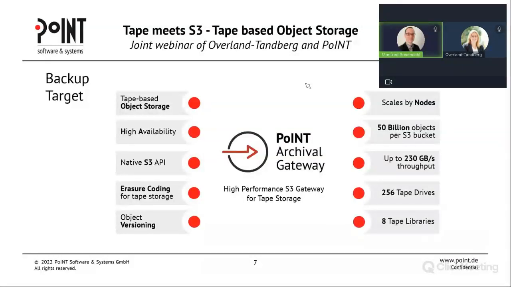So similar to what the hyperscalers like AWS do, the PoINT Archival Gateway allows you to offer different S3 storage classes. Because the Archival Gateway provides a native S3 API, you don't have to adapt your software, and it is compatible to the AWS S3, including versioning, without any proprietary commands.